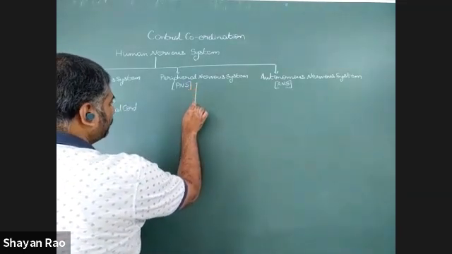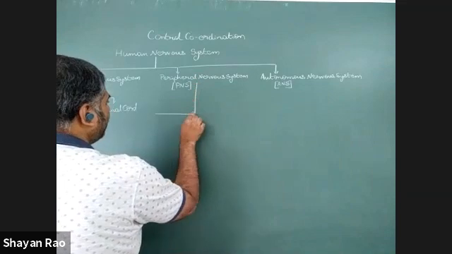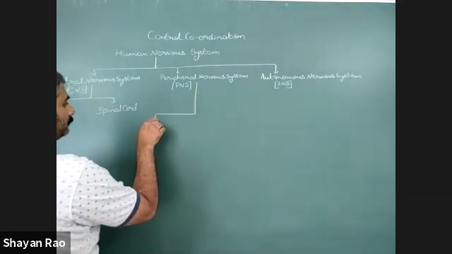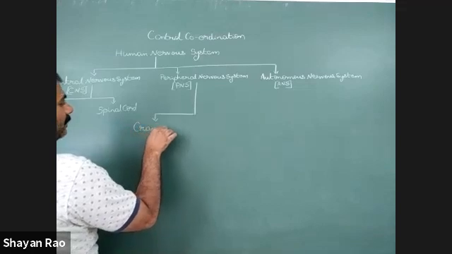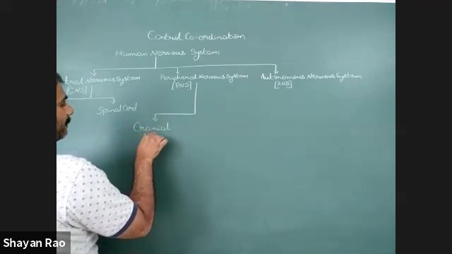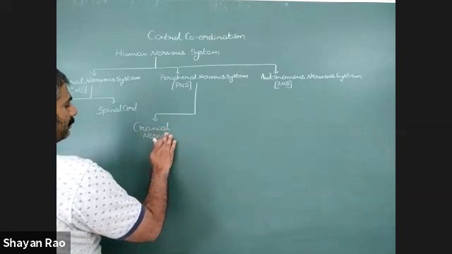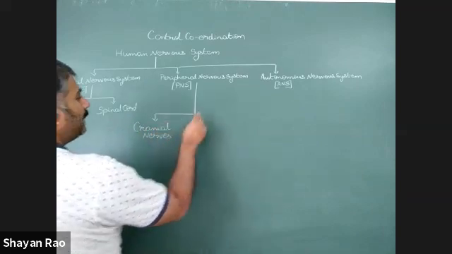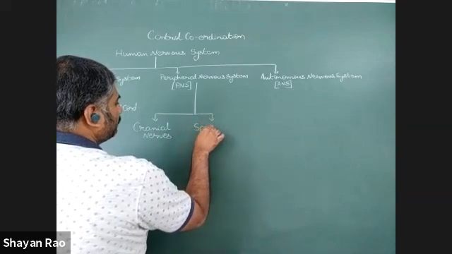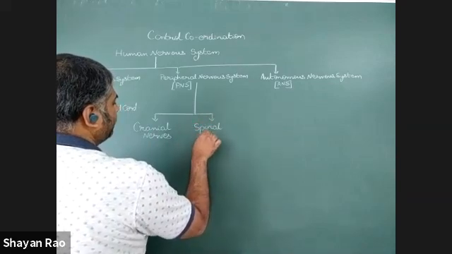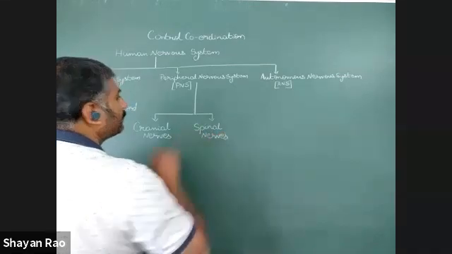Peripheral nervous system is further classified as cranial nerves as well as spinal nerves.